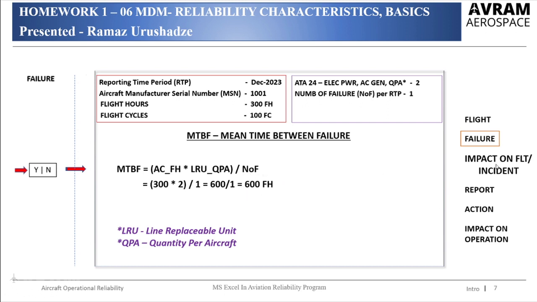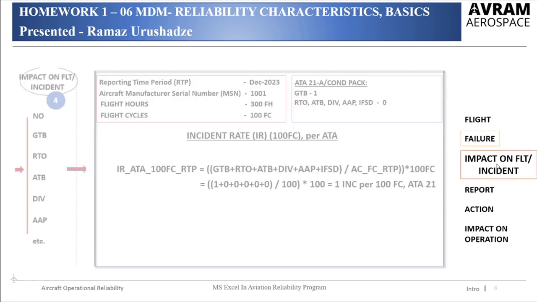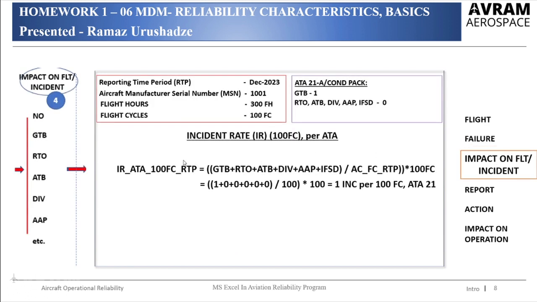Now let's move to the incident. In incident section, we are going to calculate incident rate on system level. And for this example, I am using ATA 21, which is air conditioning. Let's say in December 2023, it was reported 1 ground turn back due to air conditioning bug.